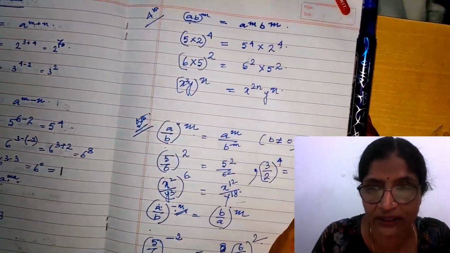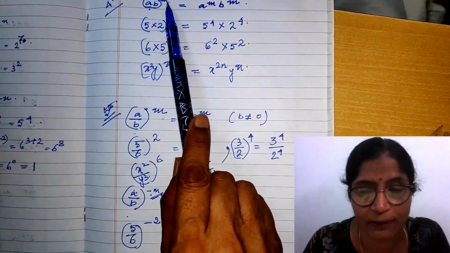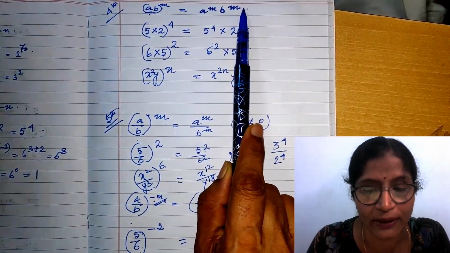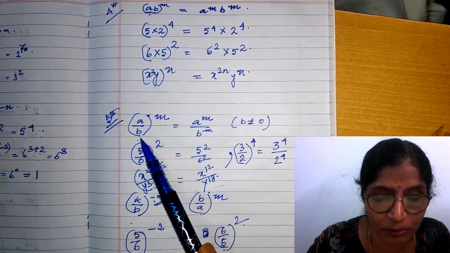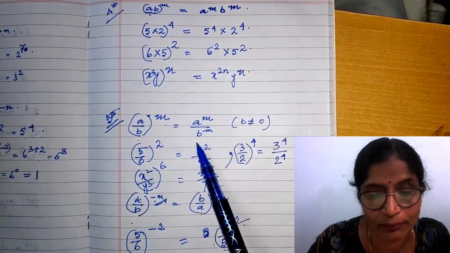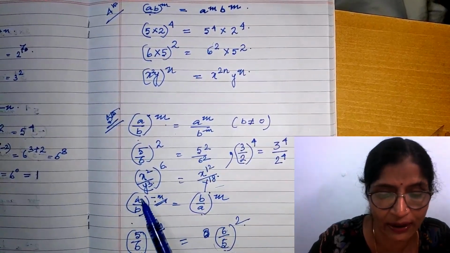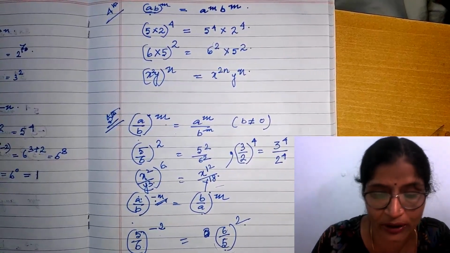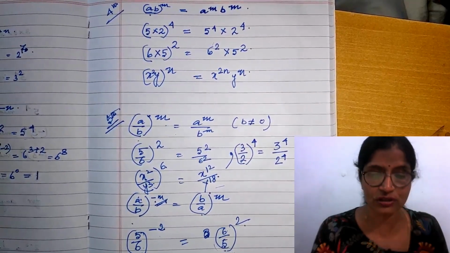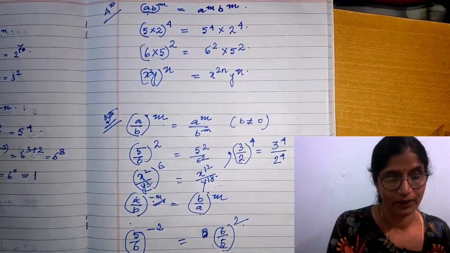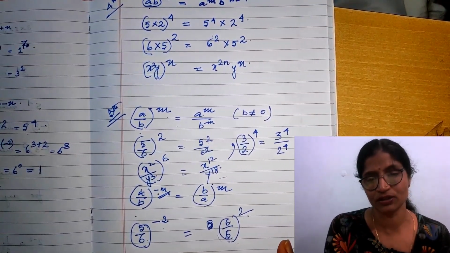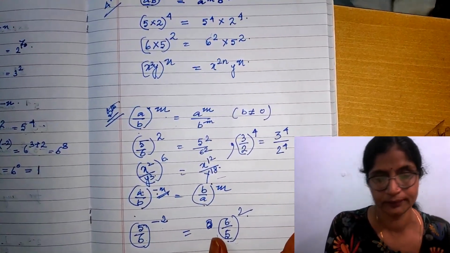Now next, (ab)^m will be equal to a^m b^m, and (a by b)^m is a^m by b^m, and (a by b)^(-n), to make it positive, I will write (b by a)^n. So this is all about the rules, and I already told you that anything to the power 0 is equal to 1.